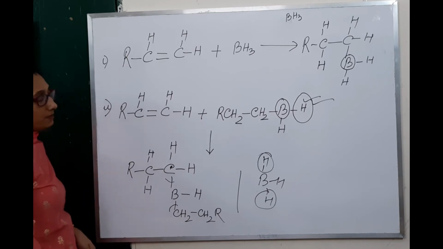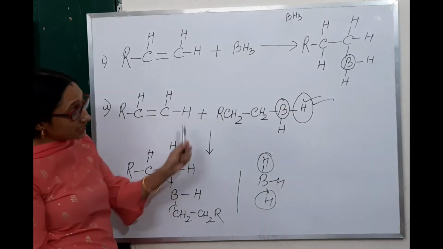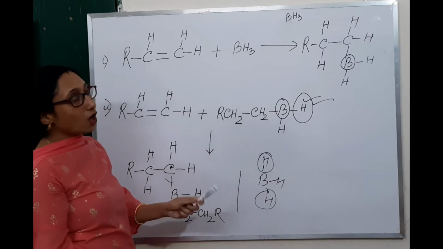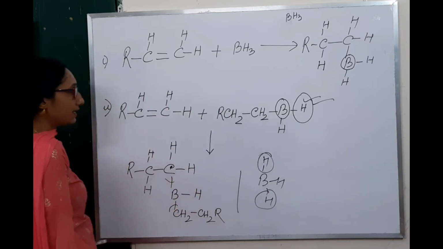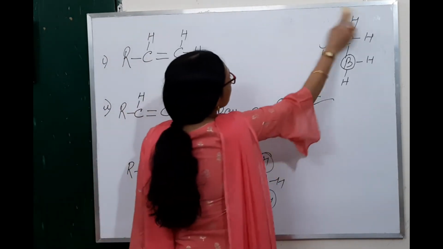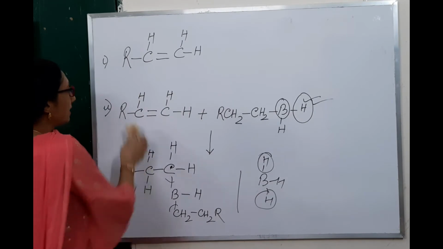Now what will happen? In the third step, this compound that is formed in the second step will add to another molecule of that unsymmetrical alkene. So write this unsymmetrical alkene.